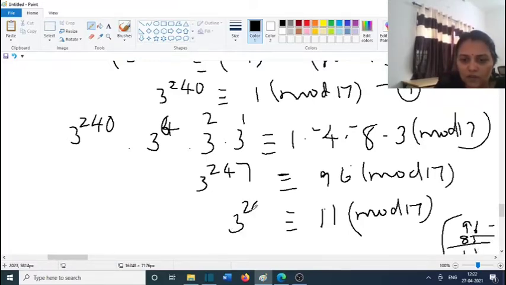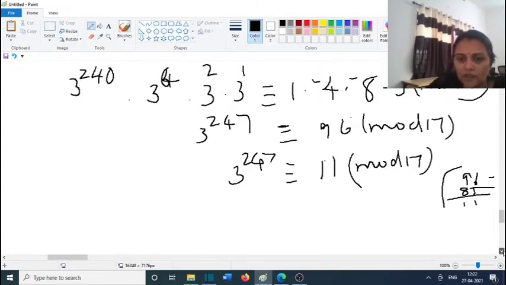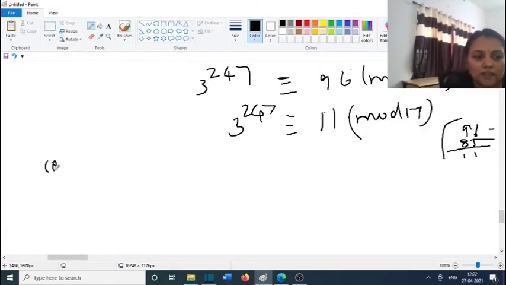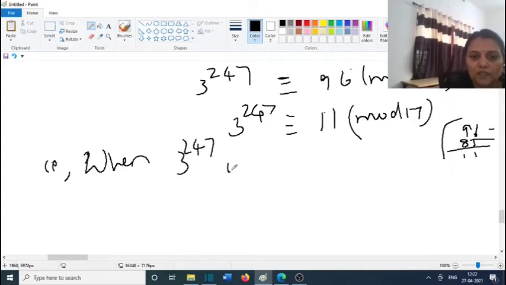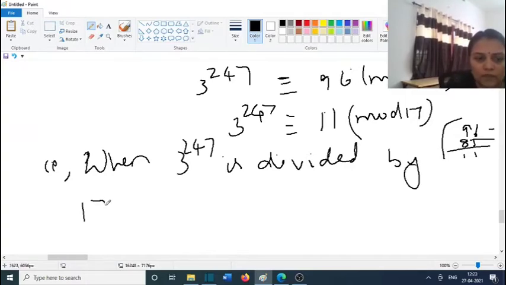That is, 3 raised to 247 is congruent to 11 mod 17. That is, when 3 raised to 247 is divided by 17, the remainder is 11.